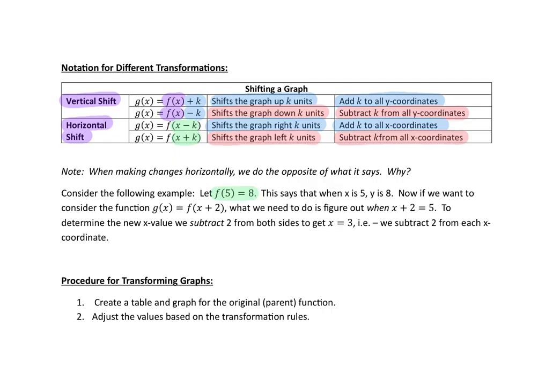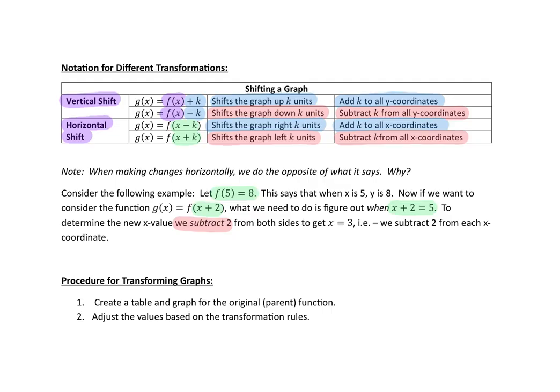But here, what we're looking at is, if we have x plus 2 on the inside, what we need to figure out is when is x plus 2 equal to 5? And in order to determine that new x value, we have to subtract 2 from both sides to get x equals 3.